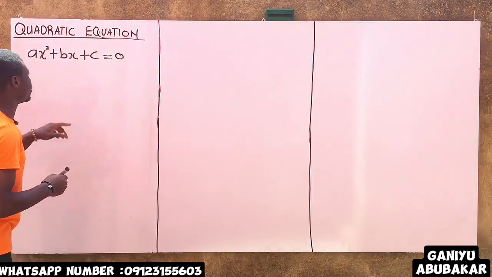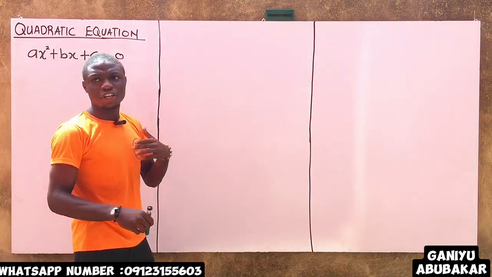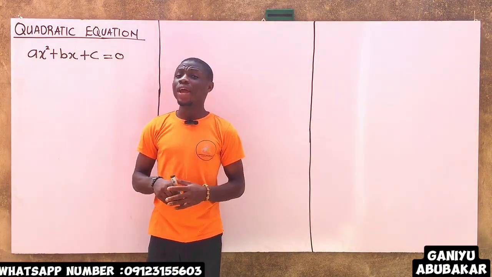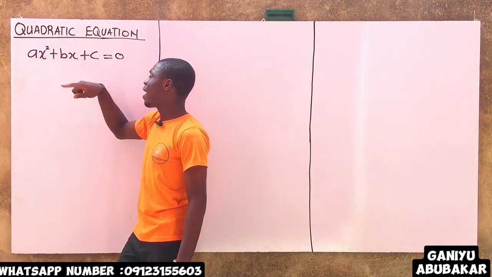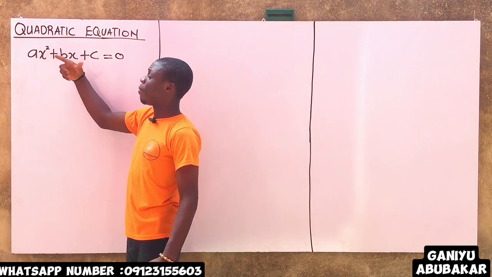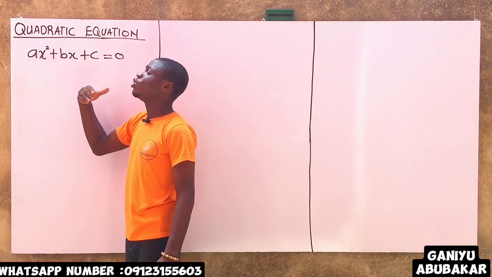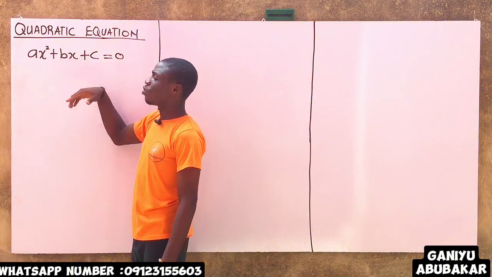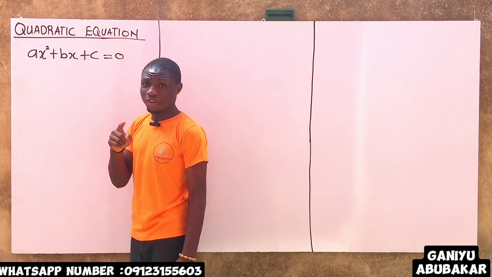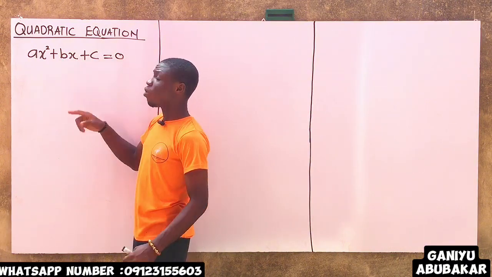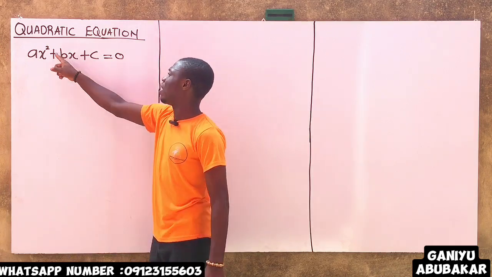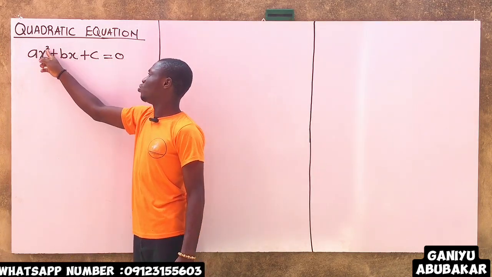This is simply the general form, where a is called the coefficient of x squared, b is called the coefficient of x, and c is called the constant.